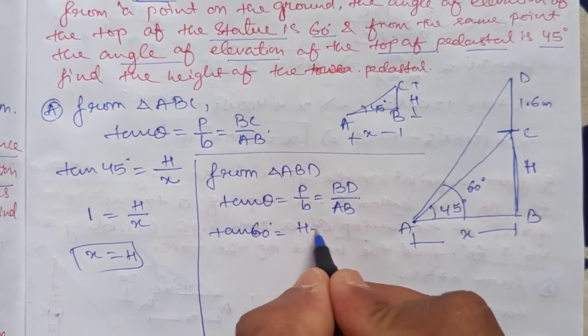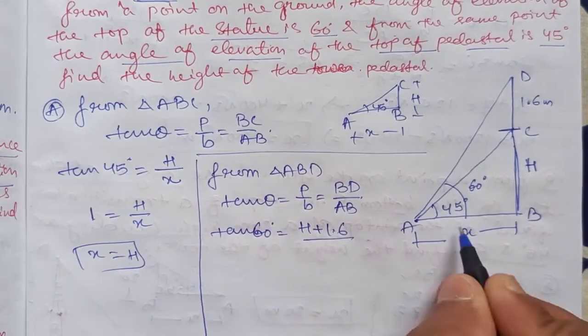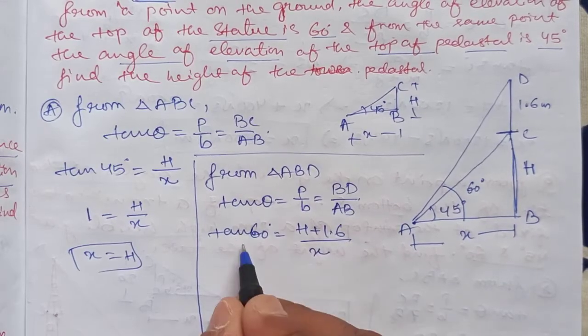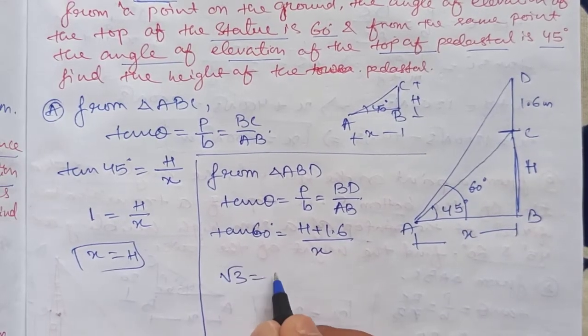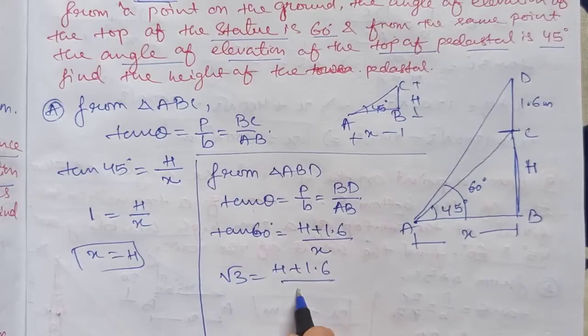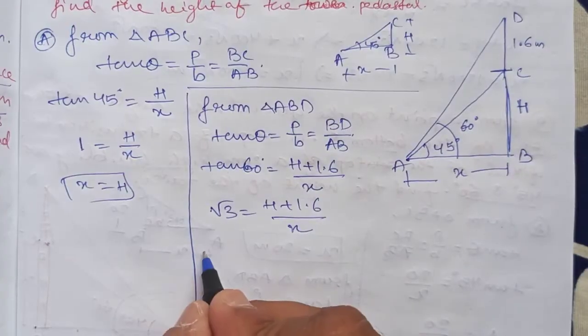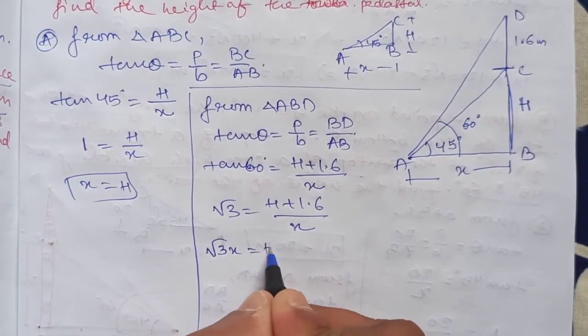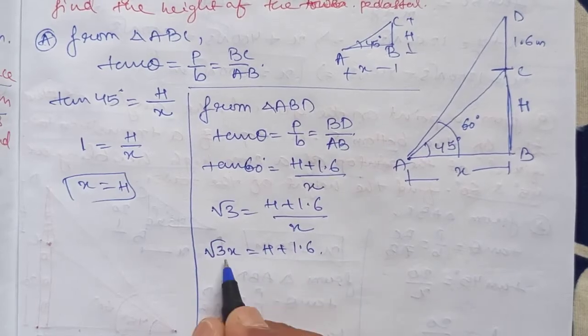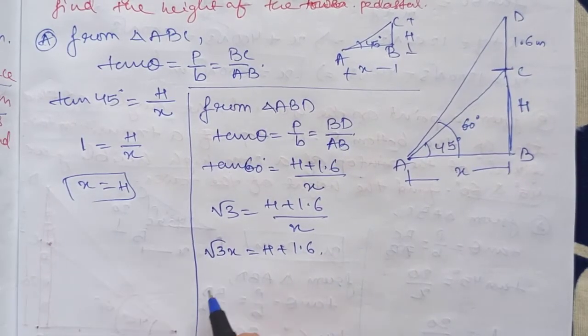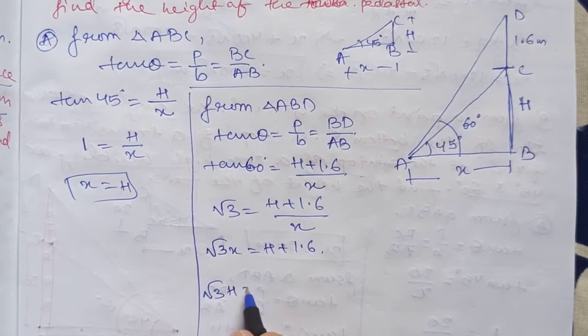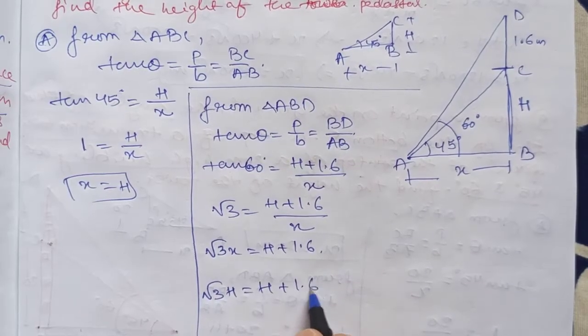So h plus 1.6 divided by AB, which is x. Tan 60 is root 3 equals h plus 1.6 by x. Cross multiply. Root 3x equals h plus 1.6. What is the value of x? x is h. Substitute here. Root 3h equals h plus 1.6.